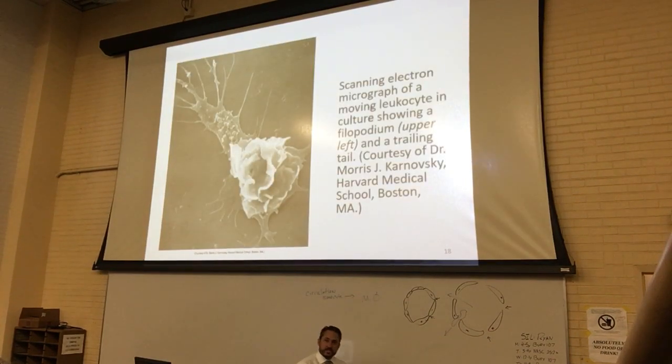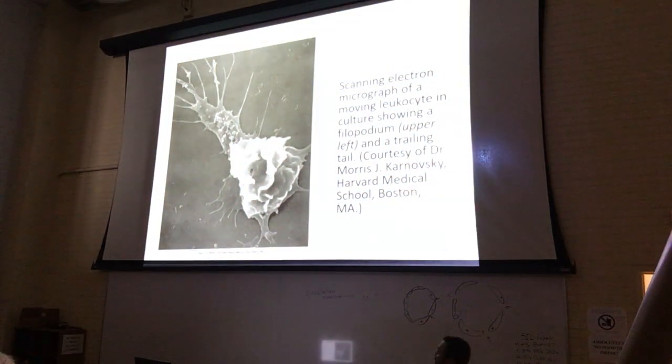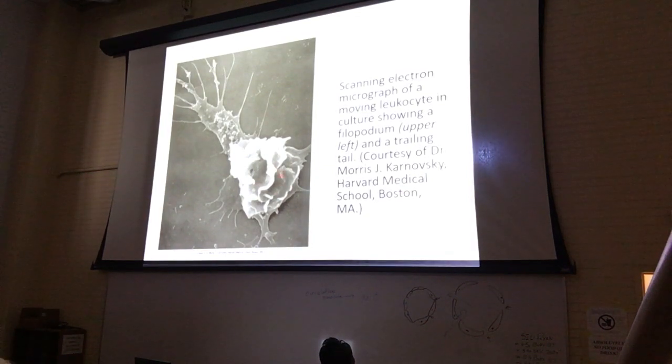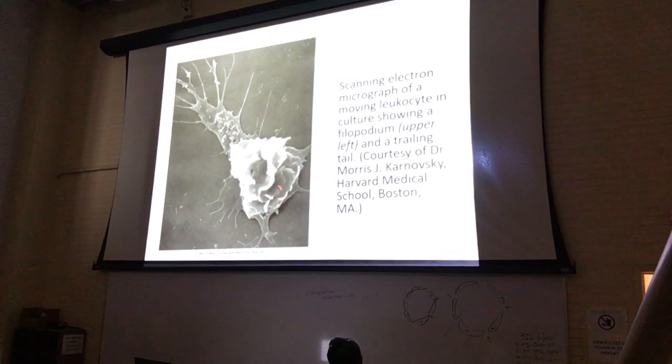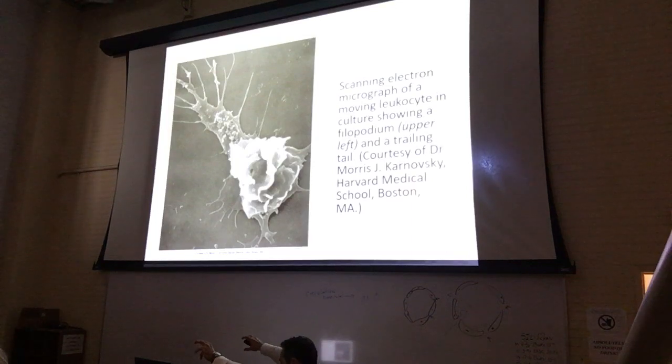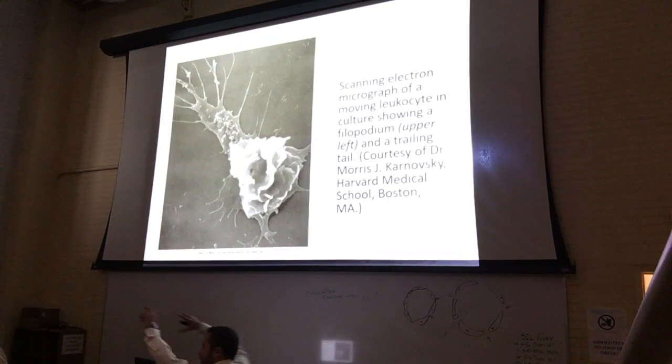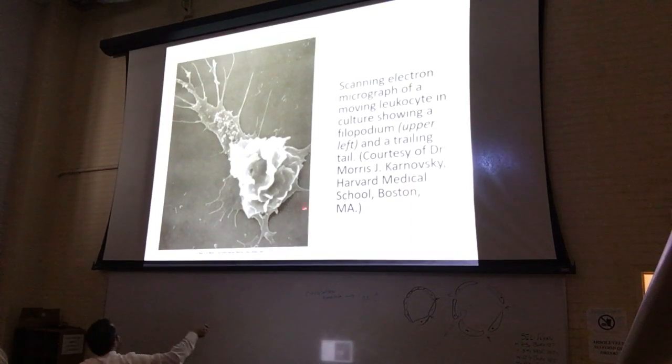Okay, this is a scanning electron micrograph picture that showcases the main portion of the macrophage. This is a nice cool picture of it migrating. So it's migrating from lower right to upper left. This is the pseudopod that's reaching out and army crawling across this substrate.